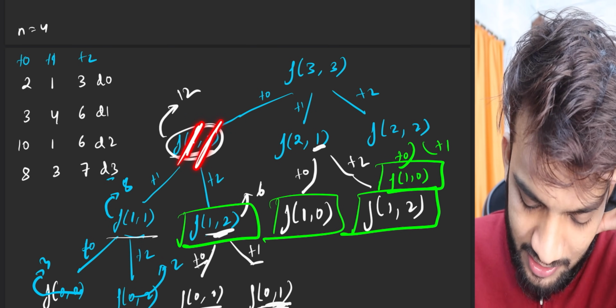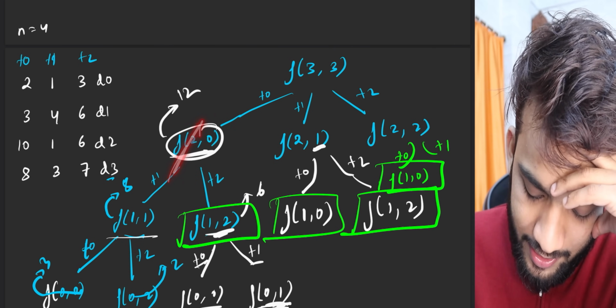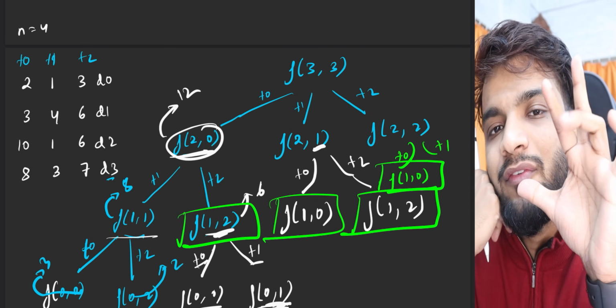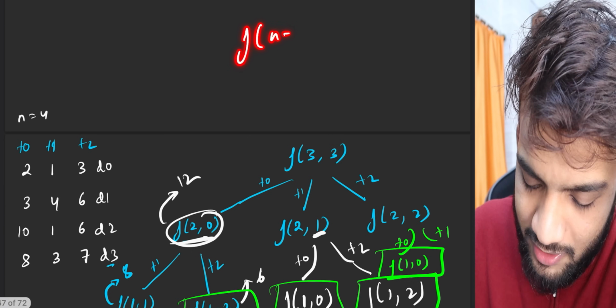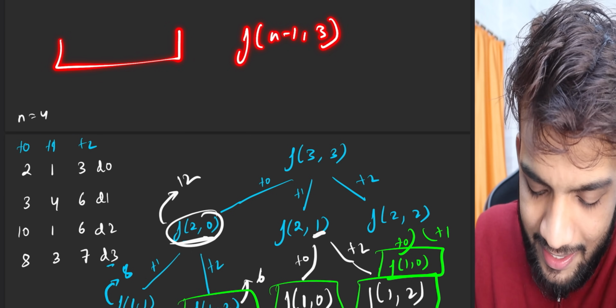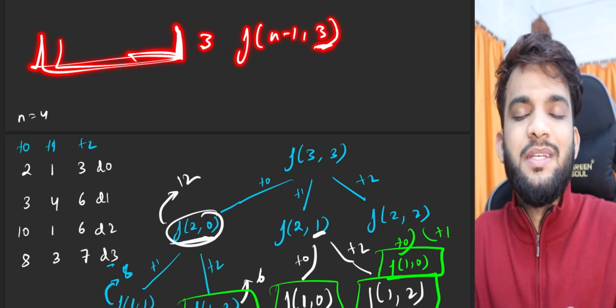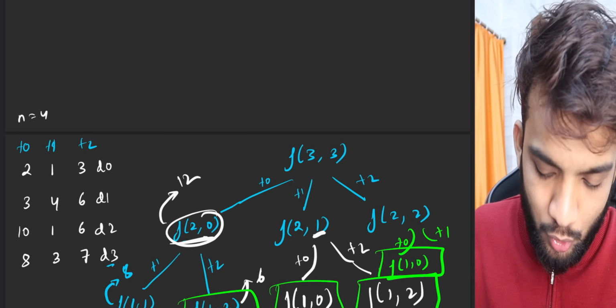One is index or day, and the other is last. There are two parameters for which you have to give an answer. Like you are being asked f of n minus 1 3, stating give me the entire array's maximum earning points, given that the task 3 has been done. So two guys dependent. There was the first guy, day, and the next guy, last.